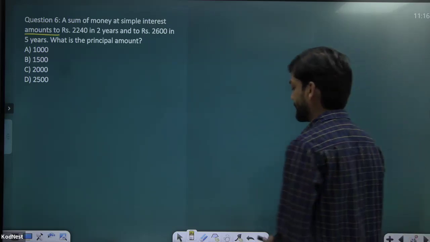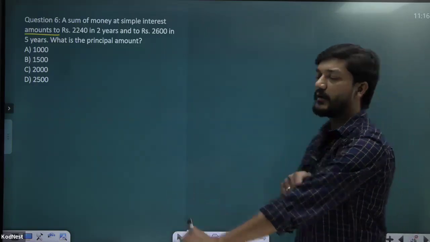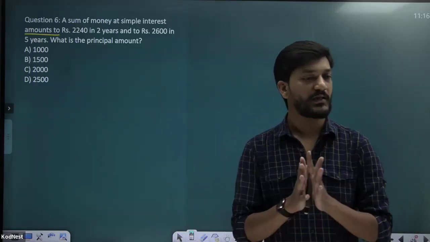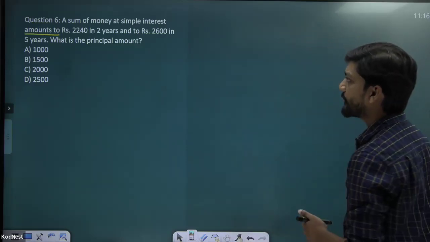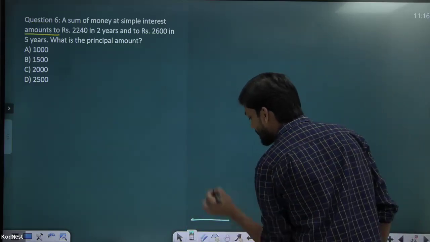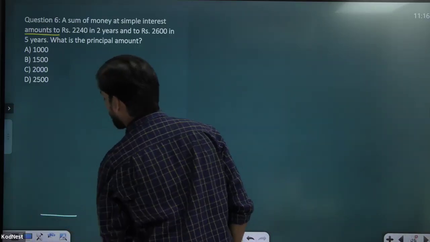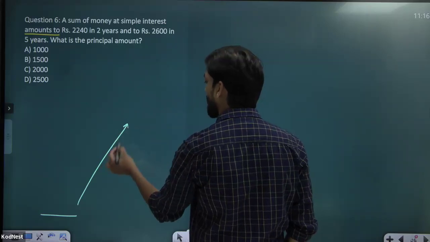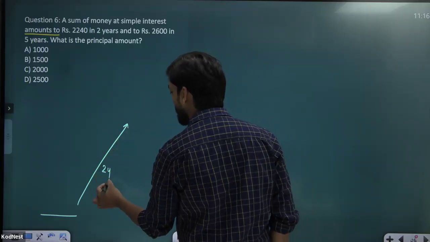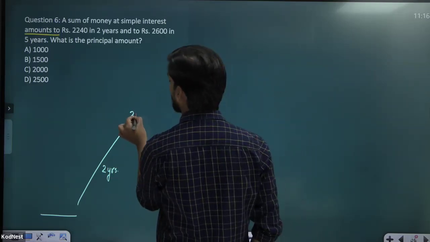Okay. Carefully observe, please. How much is your starting balance? That means the principal is not given. Starting balance is not given. This balance will keep on increasing. After 2 years, if you observe your account balance, you will see it is 2240.